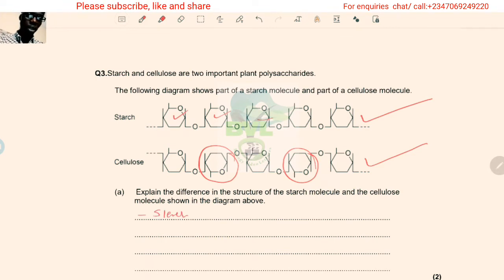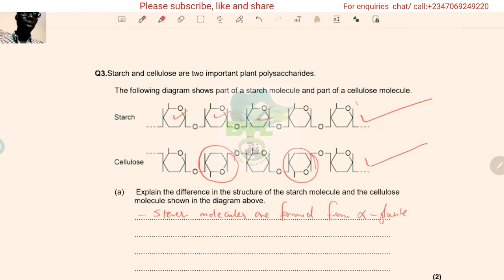Starch molecules are formed from alpha glucose. Yeah, all of these are alpha glucose because the hydrogen is here, their hydroxyl is here.